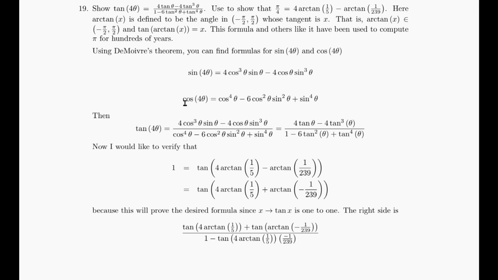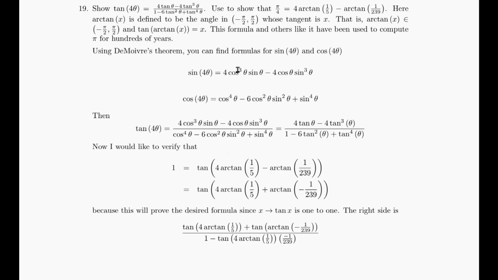I took the stuff that doesn't have an I next to it, and that gave me this. And that's just from De Moivre's theorem, which was in Chapter 1. So if I take this divided by that, I get this. And now I would divide both the top and the bottom by the cosine to the fourth of theta. And then that gives this expression here.